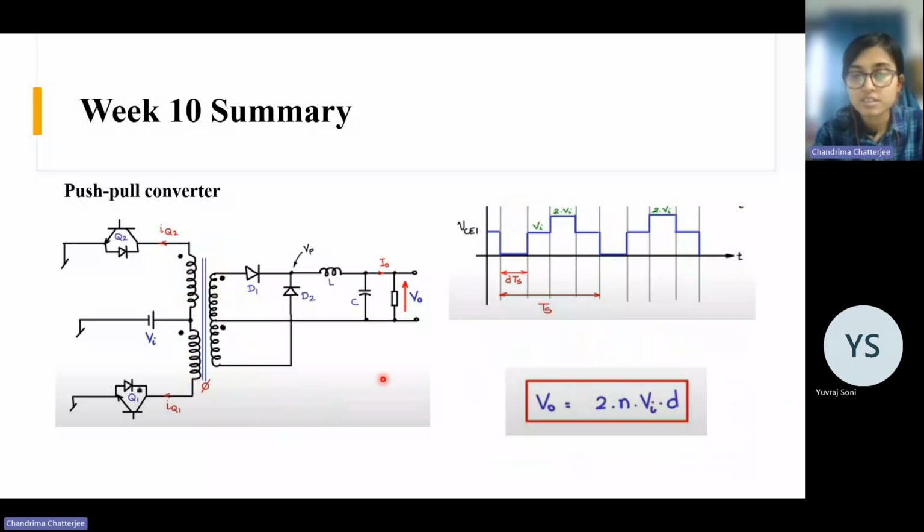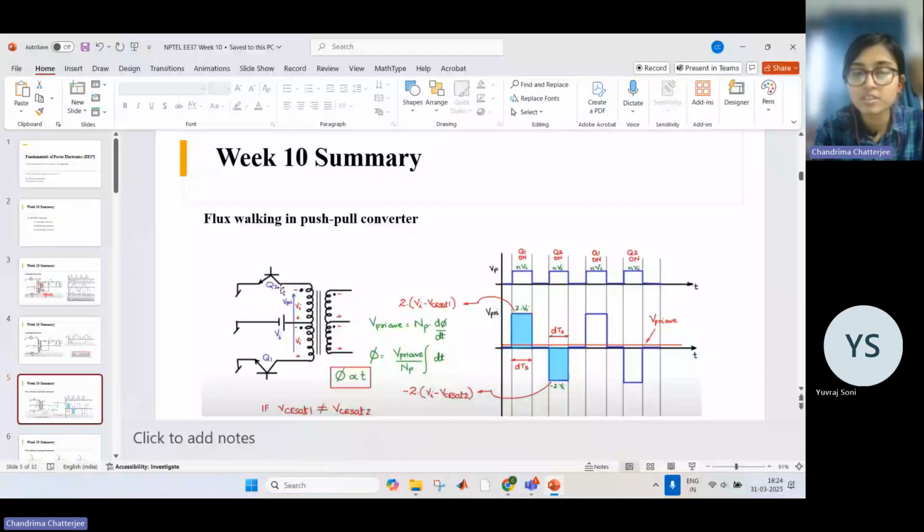With some small voltage drop across the transistors, it may so happen that the voltage drop across Q1 and Q2 are not exactly the same, even though you select the same device for Q1 and Q2, because there may be small mismatch in the devices. So VCE(sat)1 is not equal to VCE(sat)2.